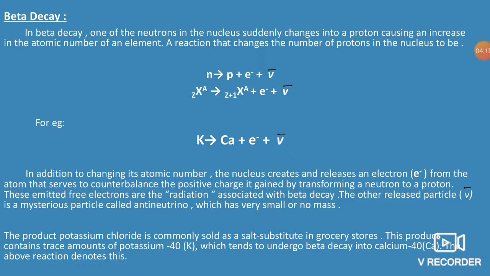So calcium, plus an electron plus an antineutrino, is formed. This is potassium chloride, which is sold as a salt substitute in grocery stores. The product contains trace amounts of potassium, which tends to undergo beta decay into calcium; the above reaction denotes this.